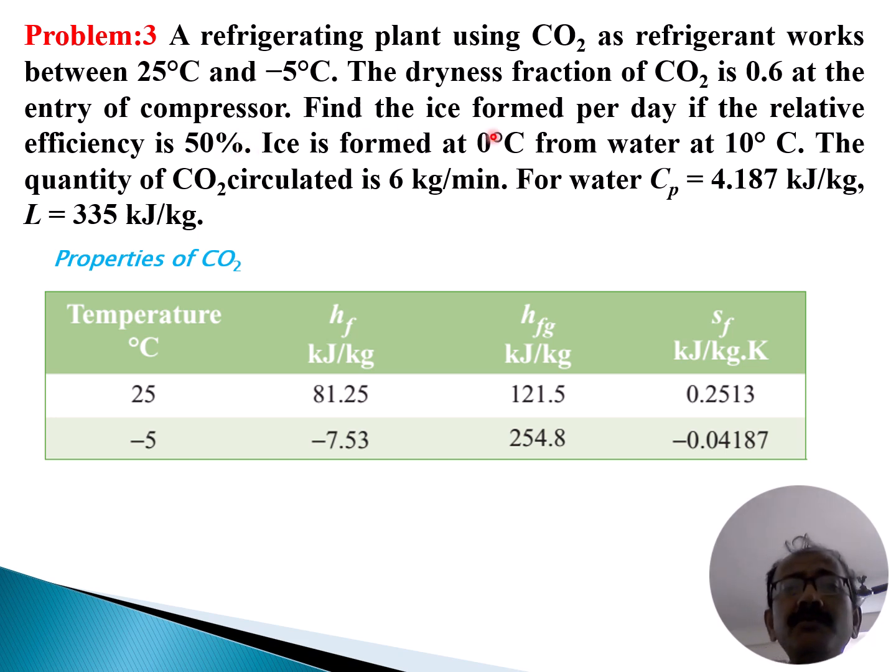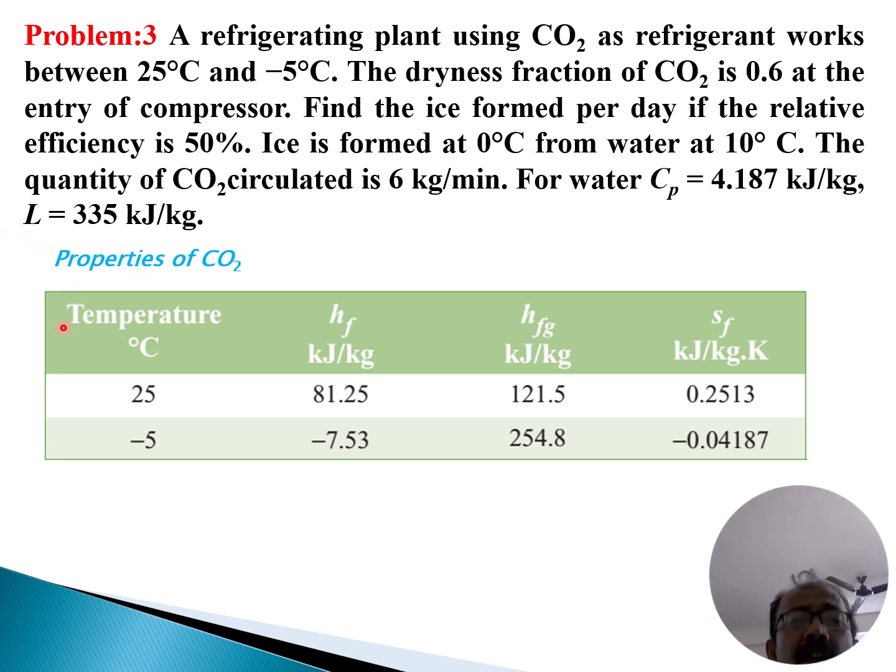Find the ice formed per day if the relative efficiency is 50%. Ice is formed at 0 degree centigrade from water at 10 degree centigrade. The quantity of carbon dioxide circulated is 6 kg per minute. For water, Cp equals 4.187 kilojoule per kg per kelvin. Here L, the latent heat of fusion of ice, is 335 kilojoule per kg.